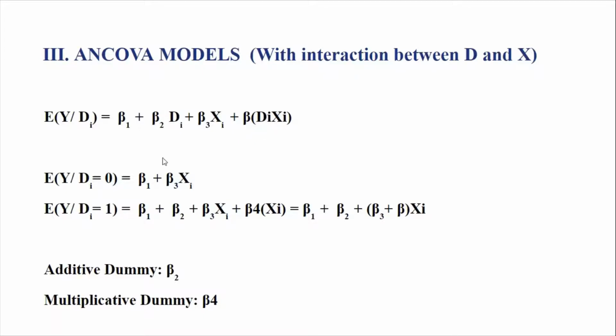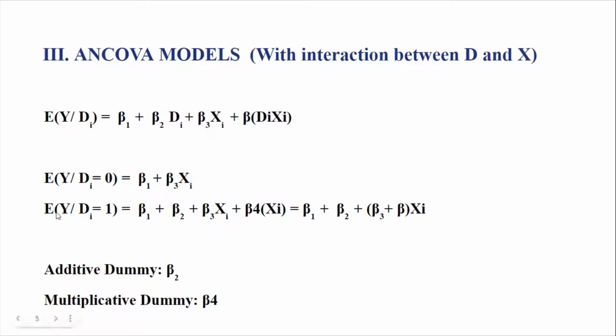Now, how do we find out the values? For the expected value of y for given di equal to 0, that is for the male category, the value would be beta 1 plus beta 3 xi because di is 0. So if you put di equal to 0, the equation would be beta 1 plus beta 3 xi.